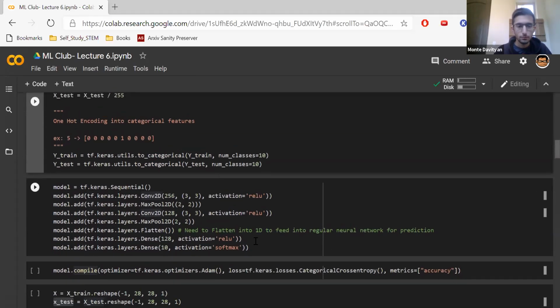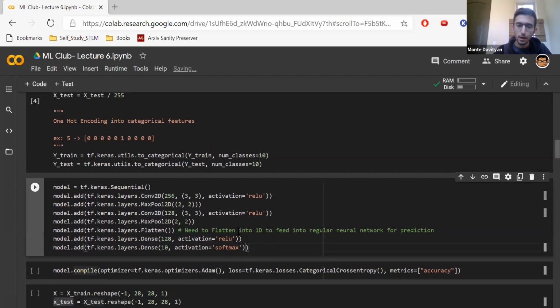So now we have the actual building of our model, and this is what's different from the regular neural network, because we're going to be using a convolutional neural network instead.